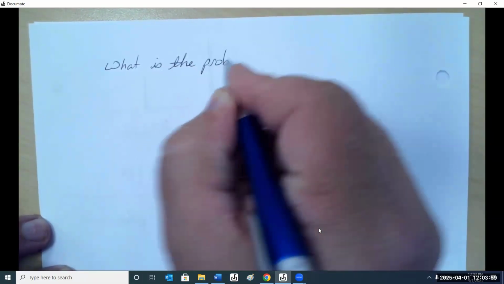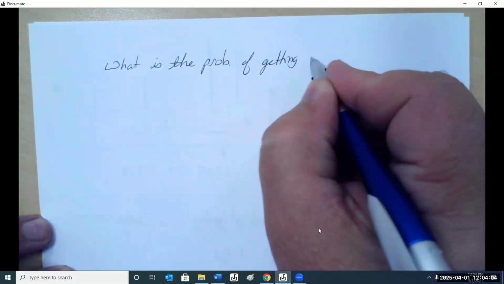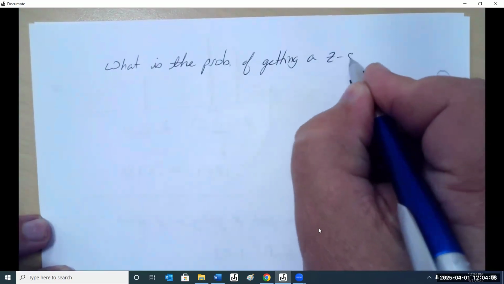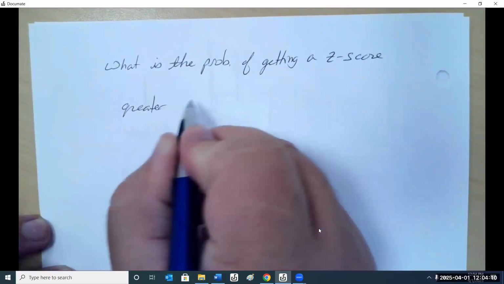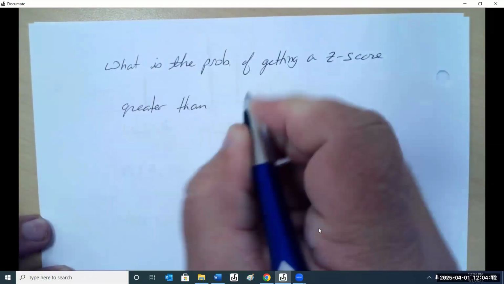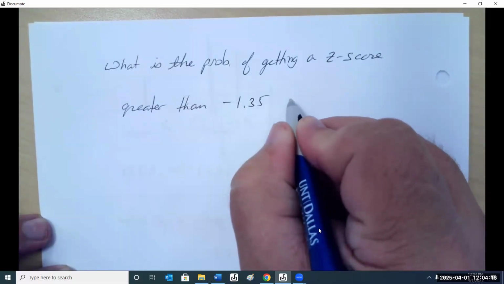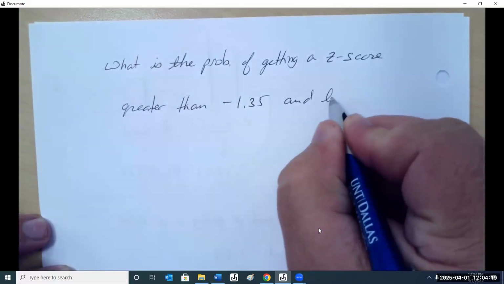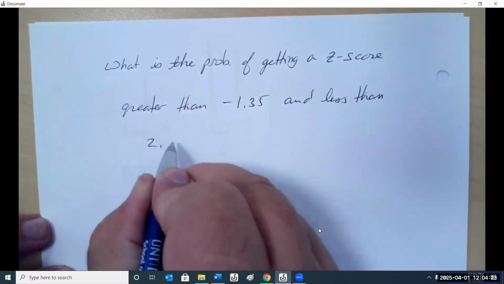What is the probability of getting a z-score greater than negative 1.35 and less than 2.11?